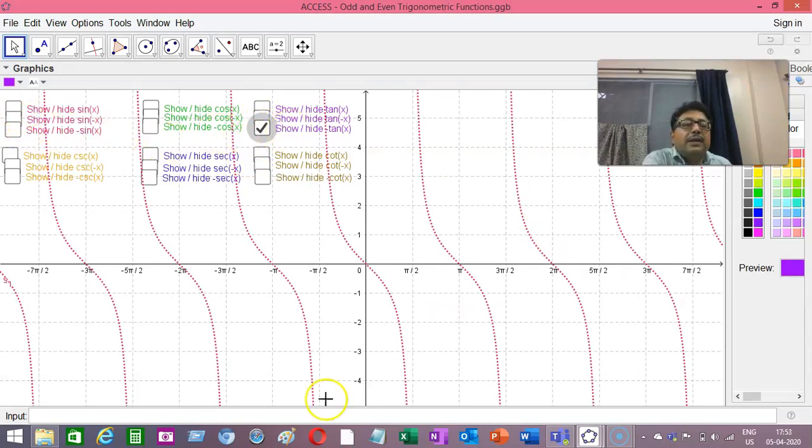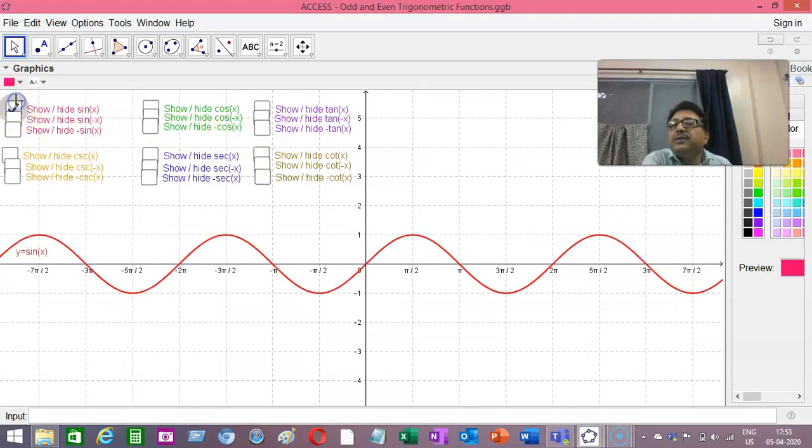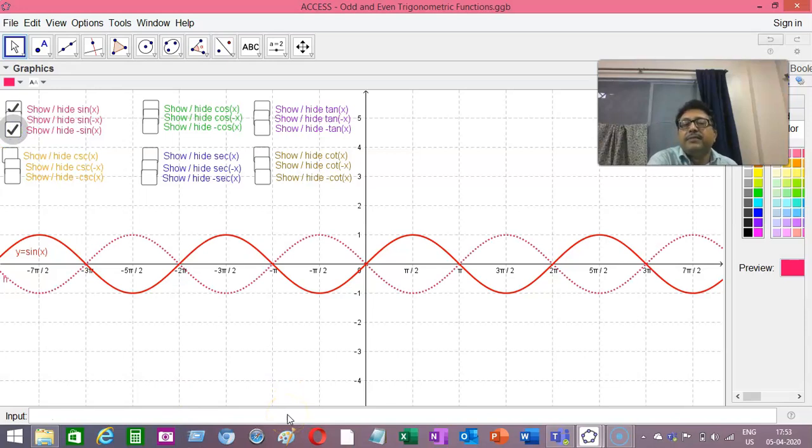I go for sin x and there minus sin x. Yeah, this has come. So this is a reflection of the graph about the x-axis. If the sin x graph is there, the sine of minus x graph can be obtained just by reflecting it about the x-axis.